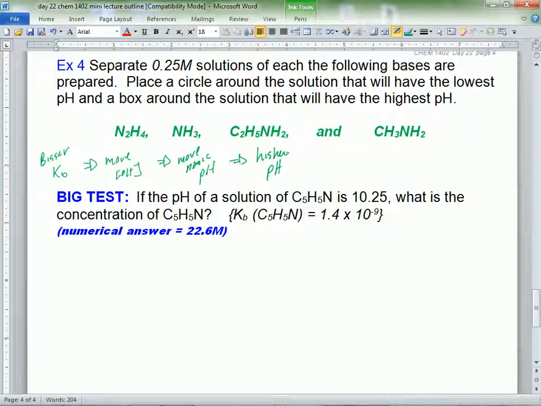All right? So see if you can figure out which one you would circle and which one you draw a box around. So write your answer up there.